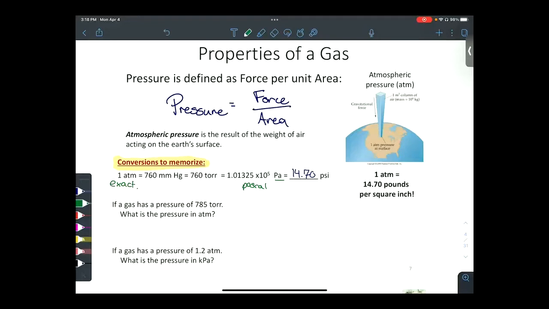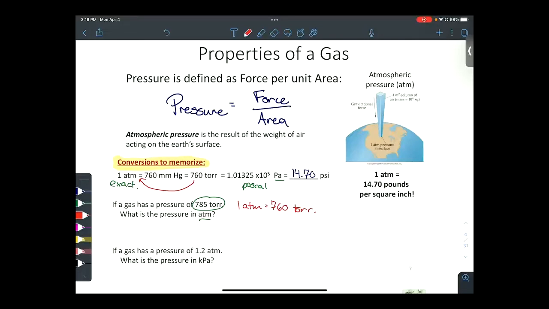Okay, so we have a gas, and it exerts 785 torr. What is this pressure in atm? So again, brush off your calculator. Identify what conversion we need to use, all right? We want to go from torr to atm. So the equality I'm going to use is 1 atm equals 760 torr.